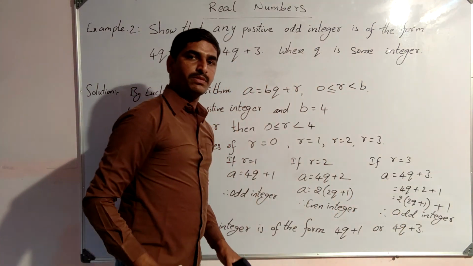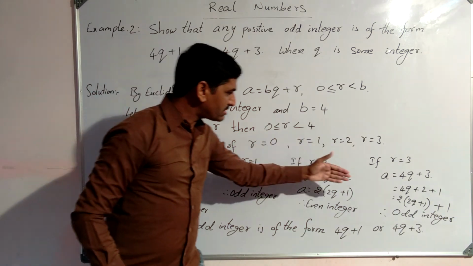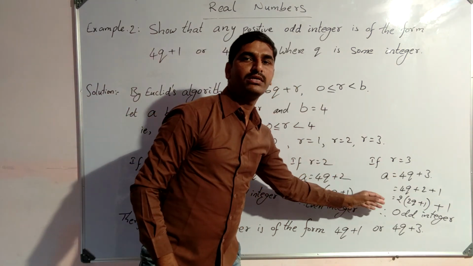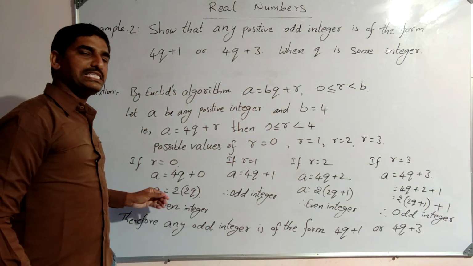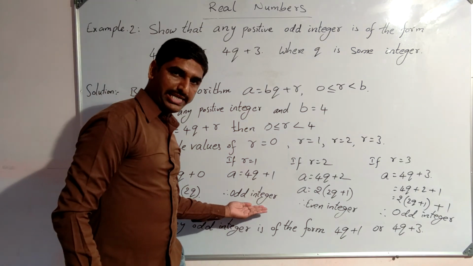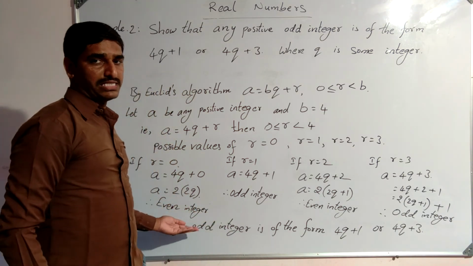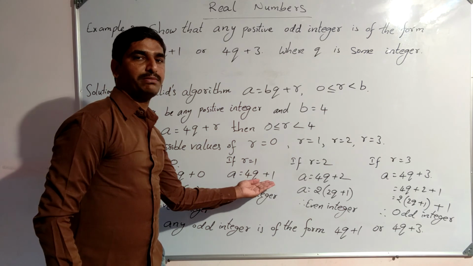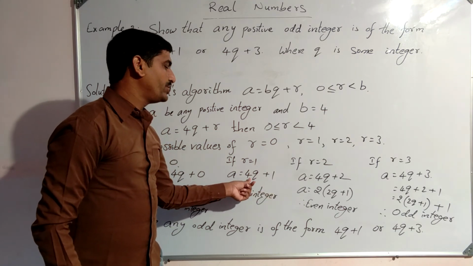Just to recap, we have done some part of the solution to say whether it is an even integer or an odd integer. Here 2 into something is even, and 2 into something plus 1 is an odd integer.